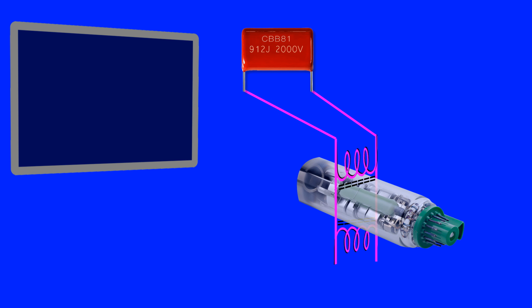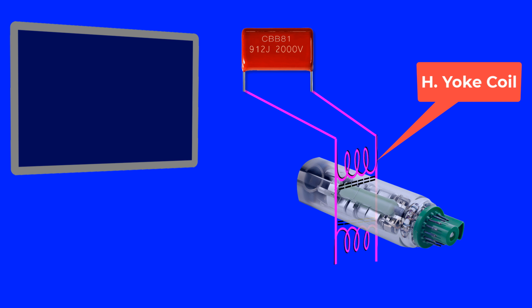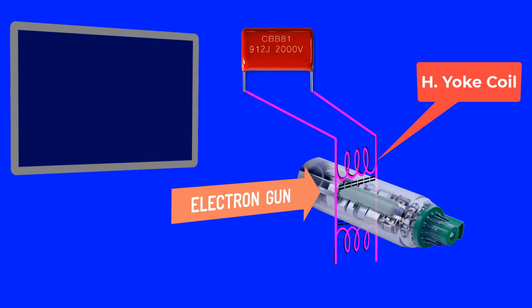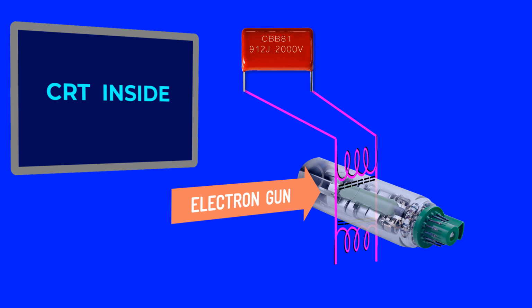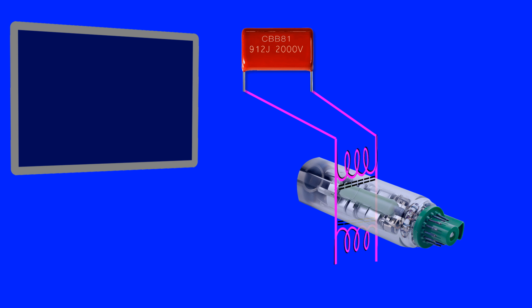It is the parallel connected horizontal yoke coil, the electron gun, and inside of the CRT screen. When the filament of the electron gun is heated, a beam of electrons is emitted from the cathode and falls on the inside of the screen.